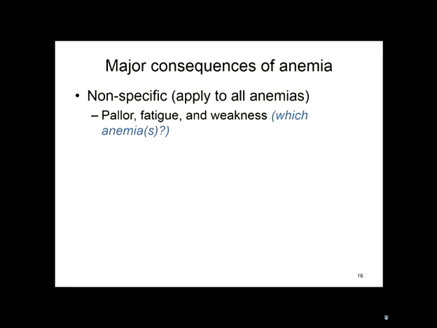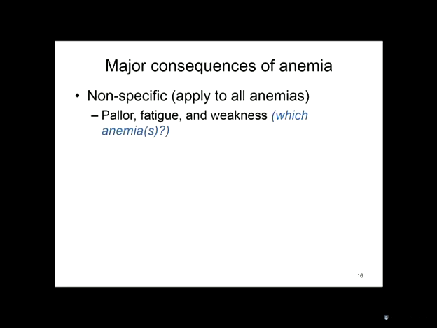So what are some more specific major consequences of anemia? Well, first of all, non-specific in clinical terms. So when it comes to nonspecific, meaning these apply to any kind of anemia, whether it's iron deficiency or it's due to a vitamin deficiency that reduces differentiation of cells, or it's because the stem cell is damaged.